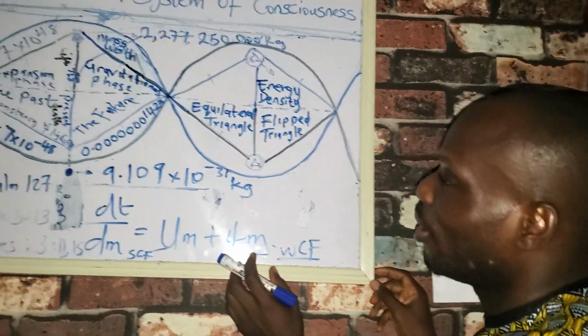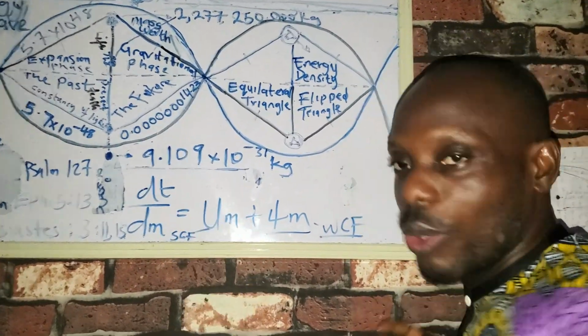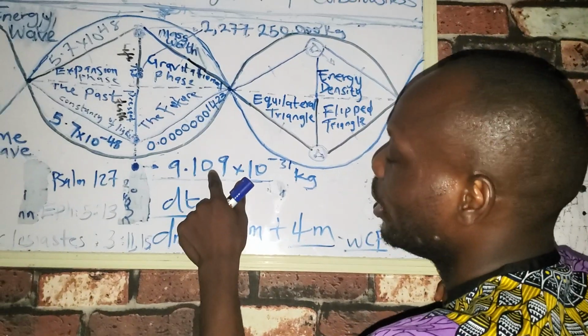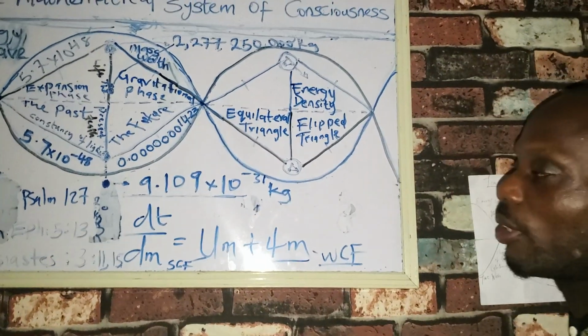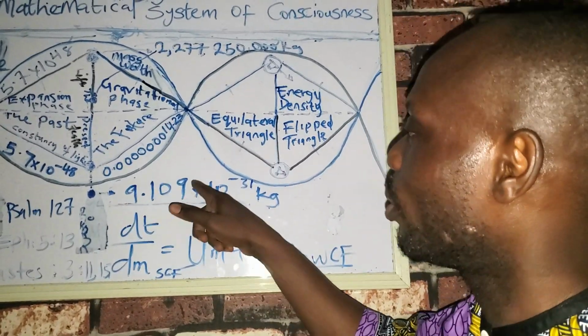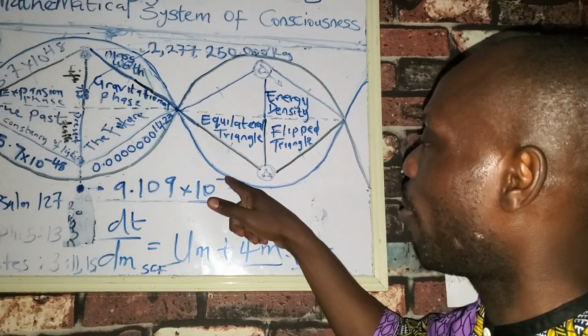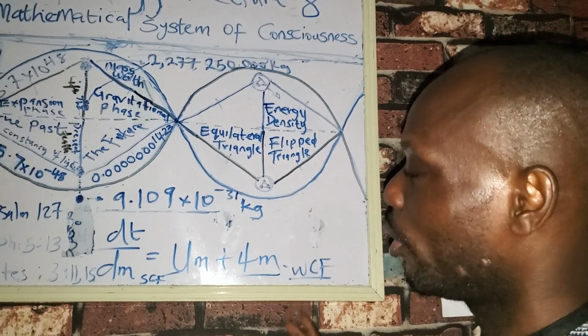So now, let's say what we know is this electron's mass worth, which is 9.109 times 10 raised to the power minus 31 kilogram.